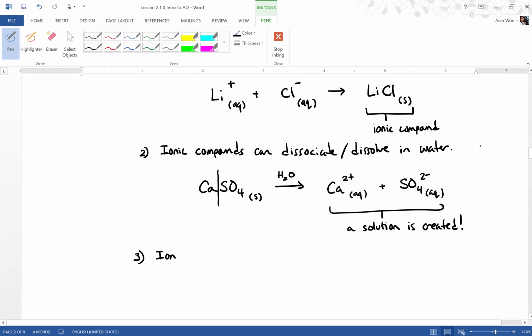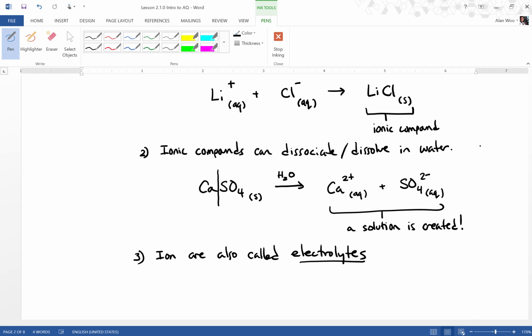So ions are also called electrolytes, and electrolytes is a word that I think many of you would recognize, and you probably associate it with products such as Gatorade, because they have commercialized this product as a substance that contains electrolytes, and apparently electrolytes are good for your body, especially when you exercise. But all it really means is you're using ions, because that's what electrolytes are. They're just another fancy way of saying ions.